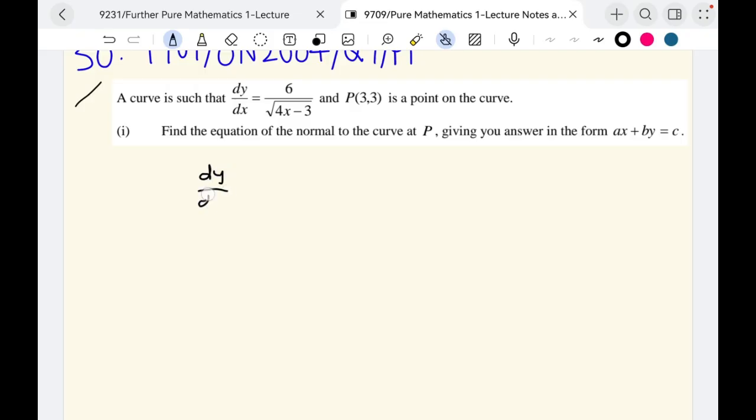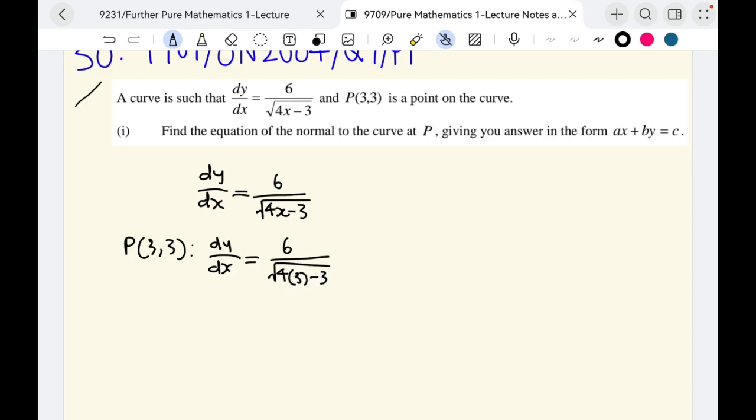Start from dy/dx. Okay, it wants the normal of the curve at the point P, which means if you plug x equals 3 into this gradient equation, you will get the gradient of the tangent at P.